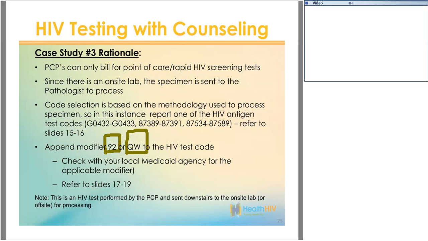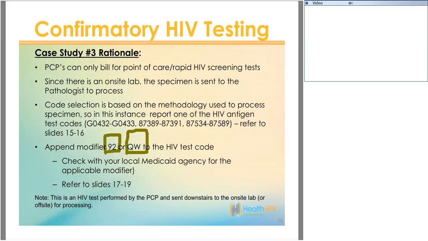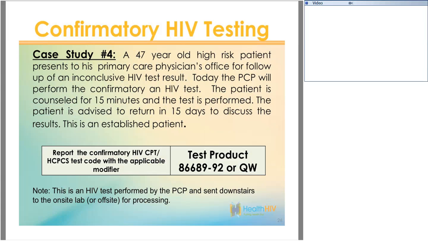Alrighty. The next one we were just getting ready to look at was the confirmatory test. This is a high-risk patient that presents for a follow-up. In the previous visit, there was an inconclusive test, and the physician advised the patient to come back in for the confirmatory test. So again, there was some counseling involved.